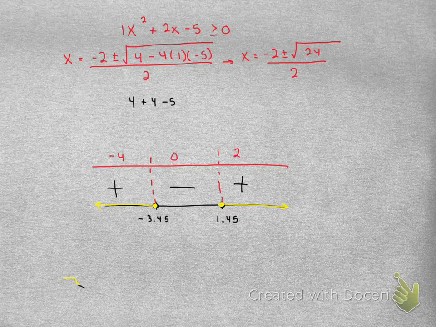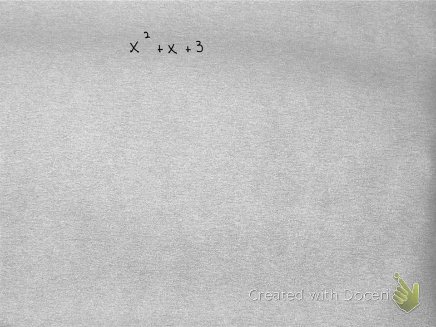Okay. Now, for example 4, we're going to use our discriminant. We have x squared plus x, and we're going to move the 3 over. It's a negative on the right side of the inequality, so we're going to move it over and add it.